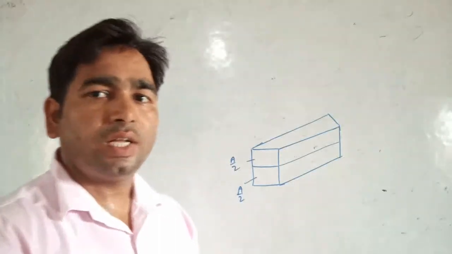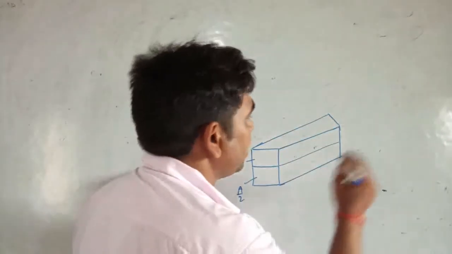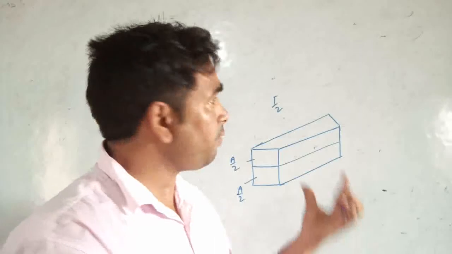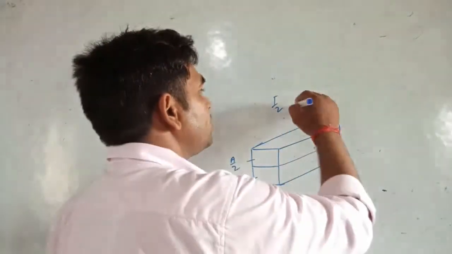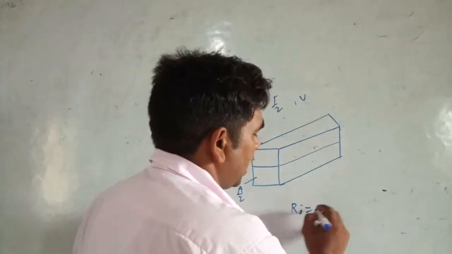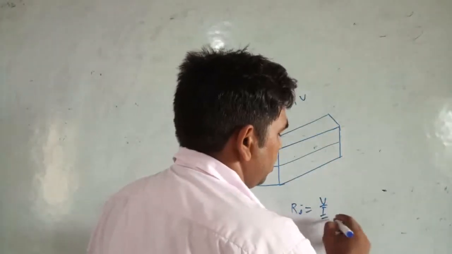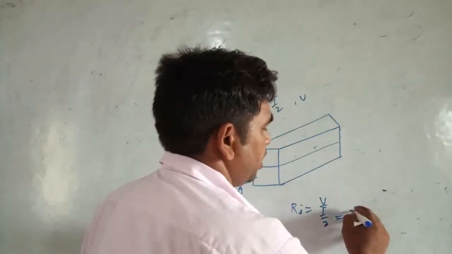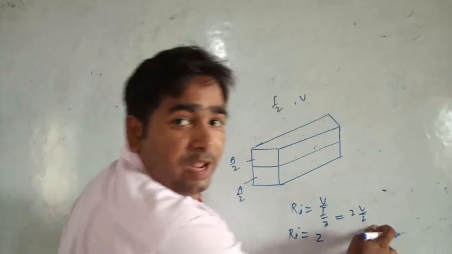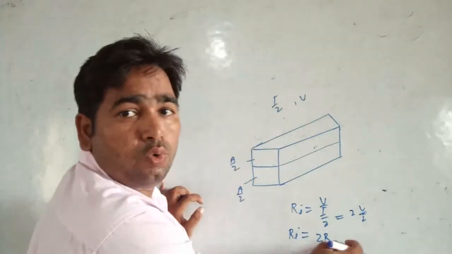Then what will be the value of current in each slab? The current will be I by 2 because its area is A by 2, and the potential difference will be V. Then Ri equals V upon I by 2, which means 2V upon I, so Ri equals 2 times V upon I, which equals 2R.